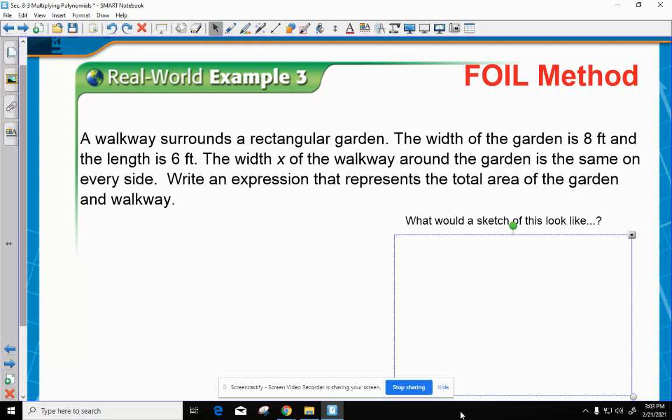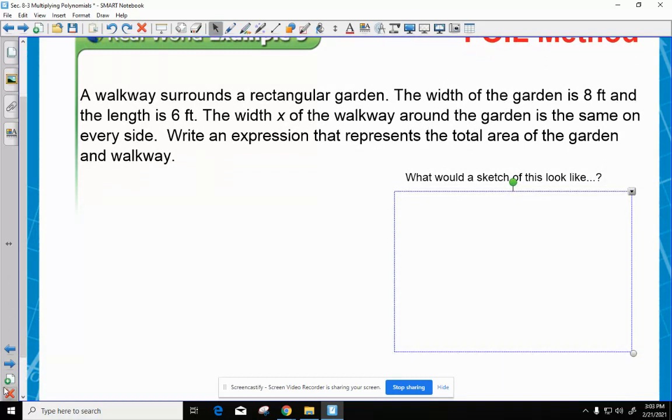So this garden is 6 by 8. The width x of the walkway around the garden is the same on every side. Write an expression that represents the total area of the garden and the walkway. So can you think, what is this picture going to look like? I got a rectangular garden.